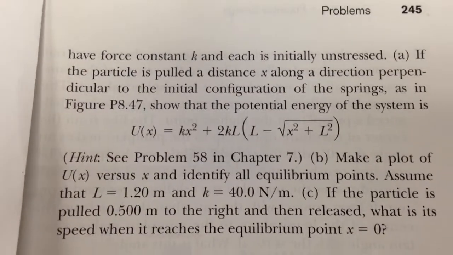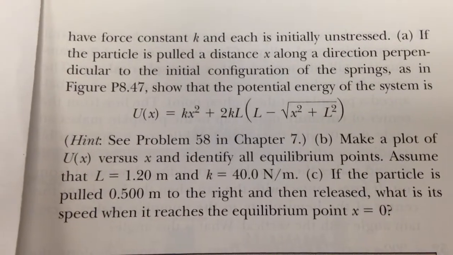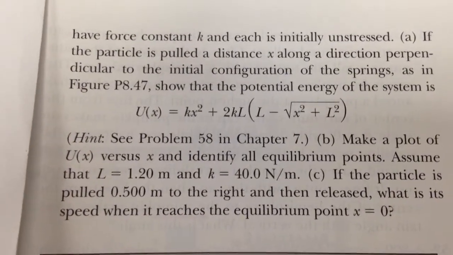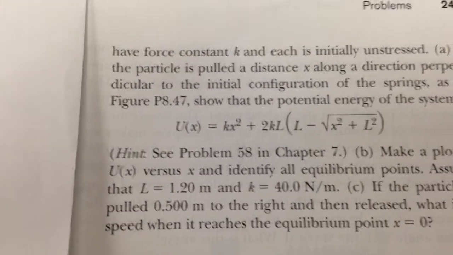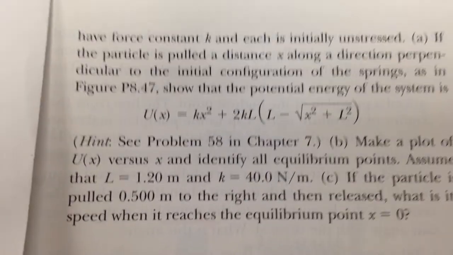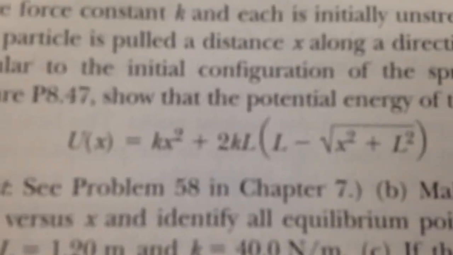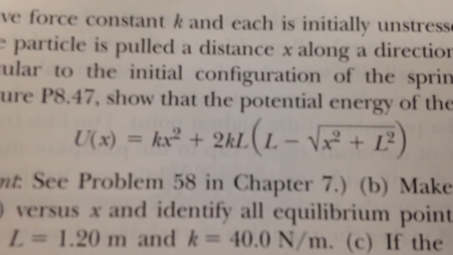If the particle is pulled a distance x along a direction perpendicular to the initial configuration of the springs, as in figure P8.47, show that the potential energy of the system is U of x equals k x squared plus 2kL times L minus the square root of x squared plus L squared.